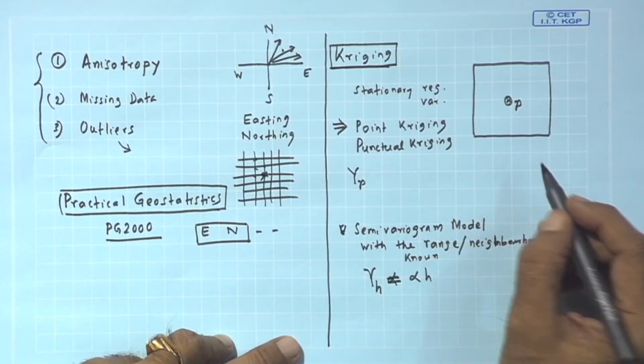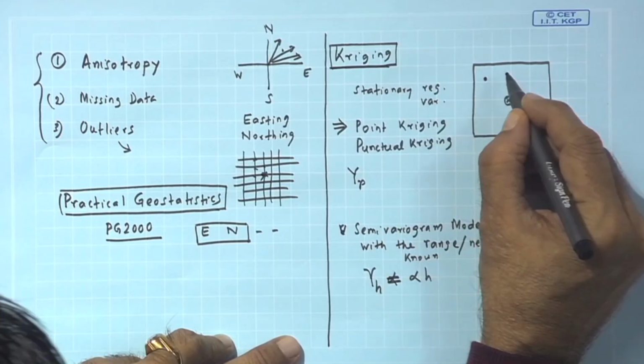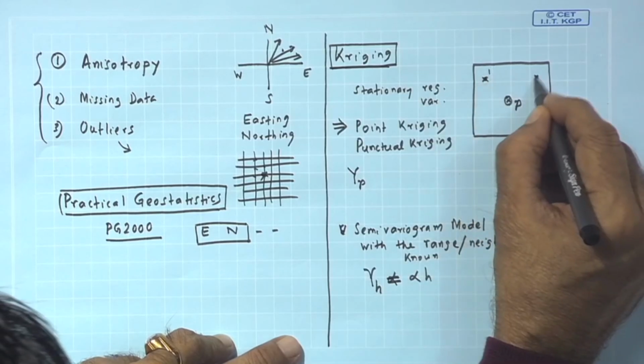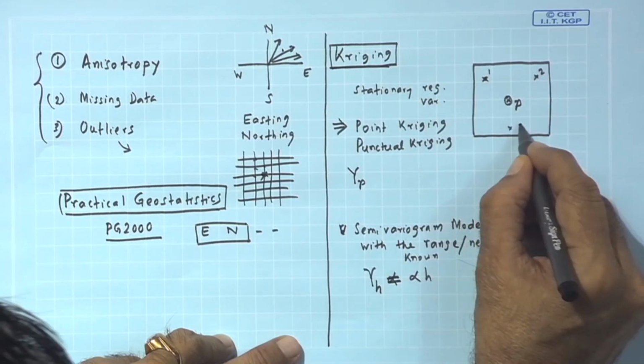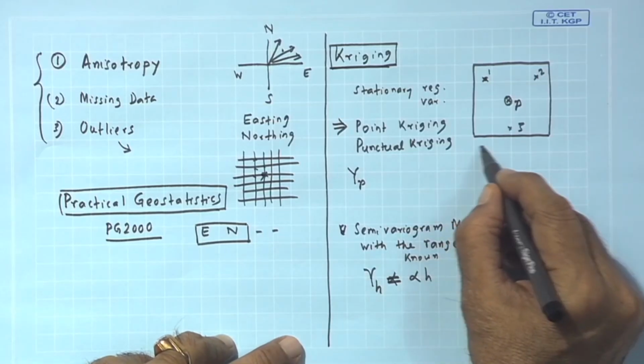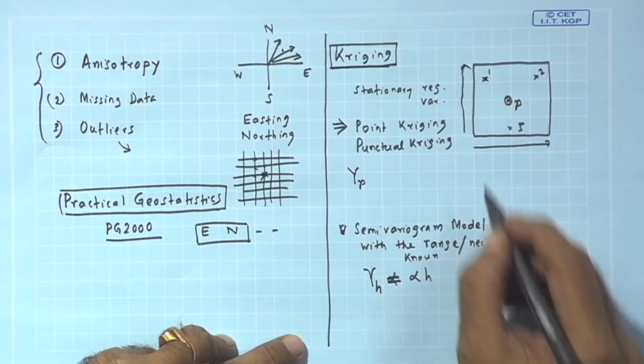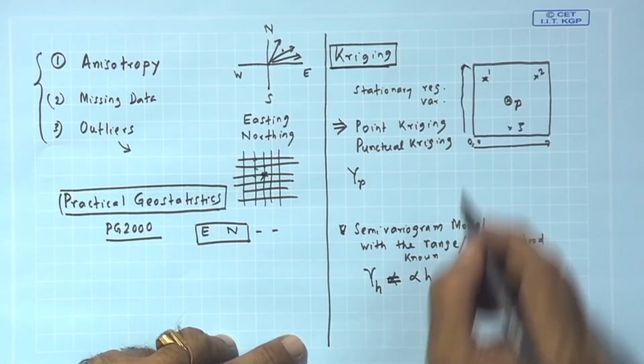So if we want to have 3 points, let's take point 1, point 2 and point 3, and the coordinates of these in the easting and northing are known. Let's say this is the origin.